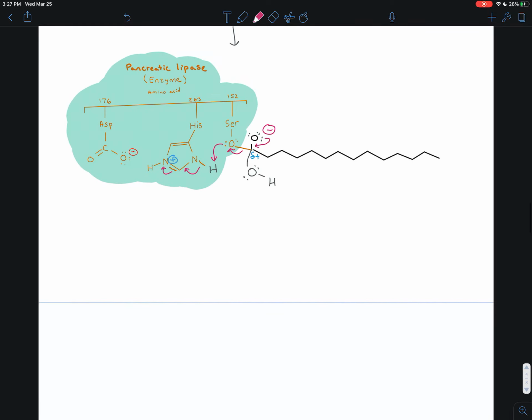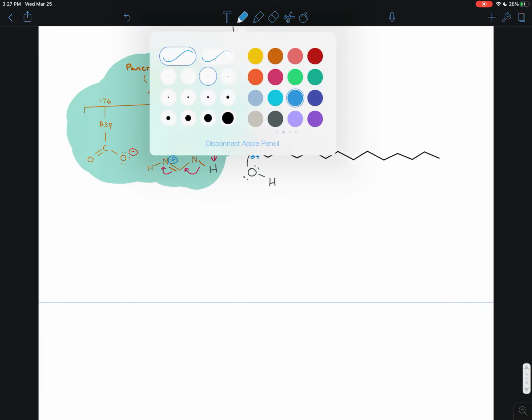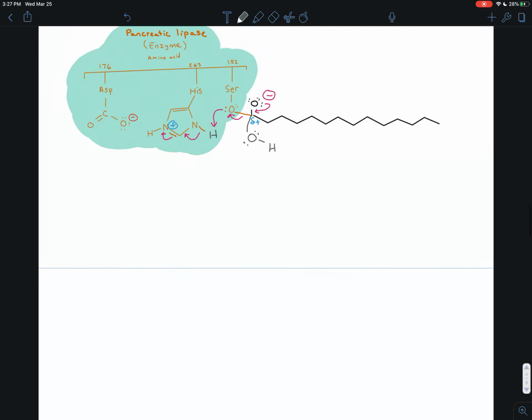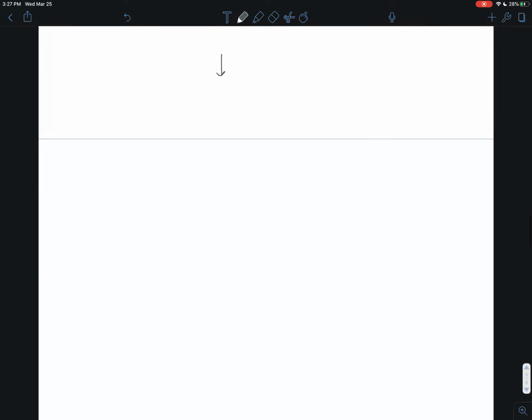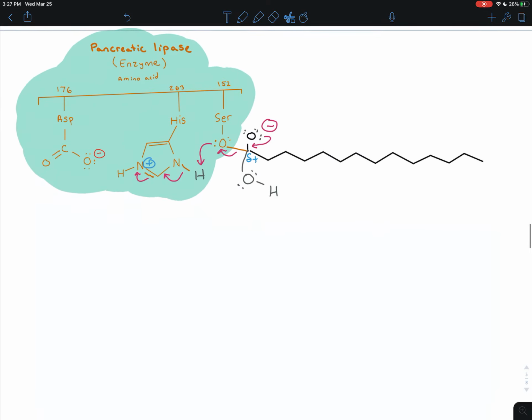So, at this point, we get our free fatty acid. So this lone pair becomes a pi bond.